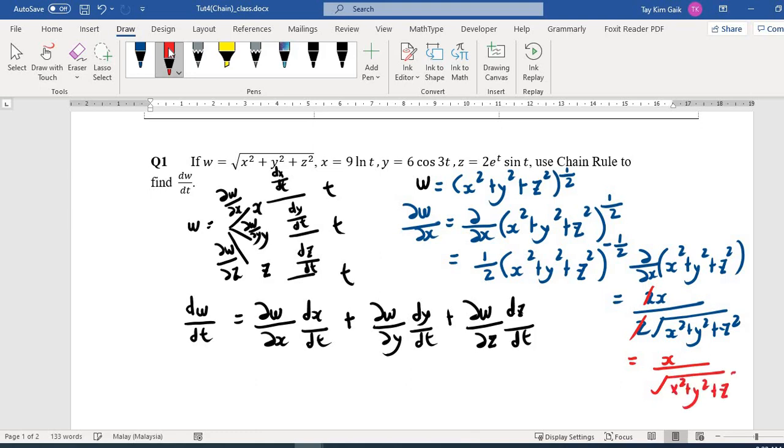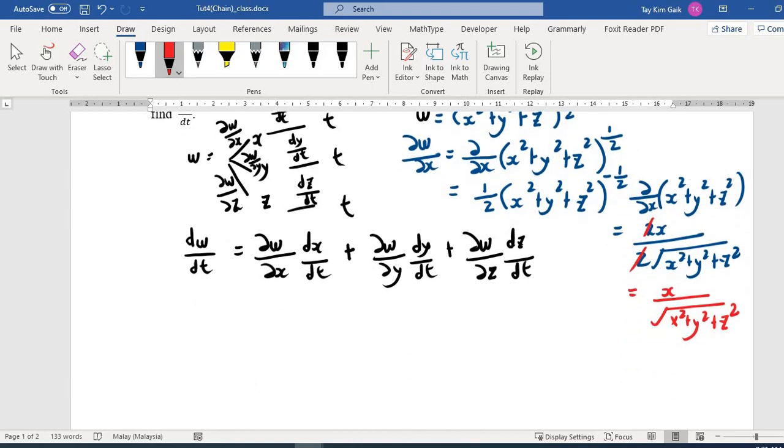So similarly for del w del y, you will get y. Del w del z, this is z, because for del w del y, you just replace del x by del y. For del w del z, you replace del x by del z. That's why the only difference is here. For del w del y, the numerator here is 2y. For del w del z, this is 2z.